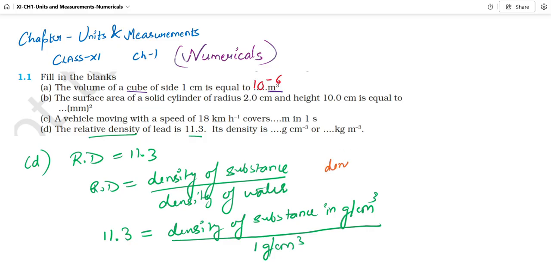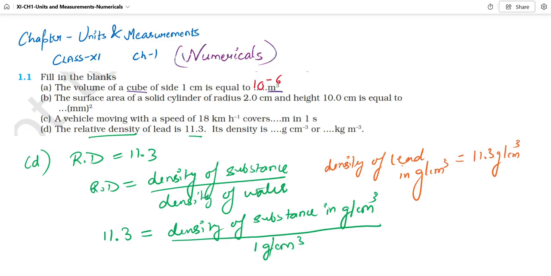Our answer is that density of lead in gram per centimeter cube is basically 11.3 gram per centimeter cube. So one thing you have learned from this formula, that RD of any substance is equal to its density in gram per centimeter cube.